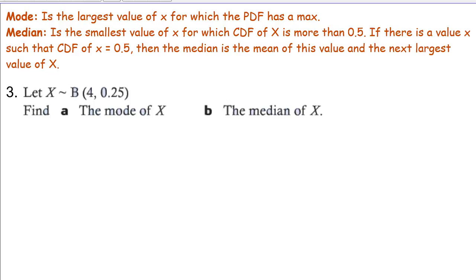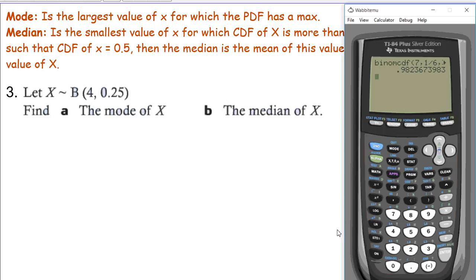Now, I'm going to work out number 3 using a calculator, and I'll show you how to do it. Because we have 4 trials, the values that x can take are 0, 1, 2, 3, and 4. So I'll go to start, edit.